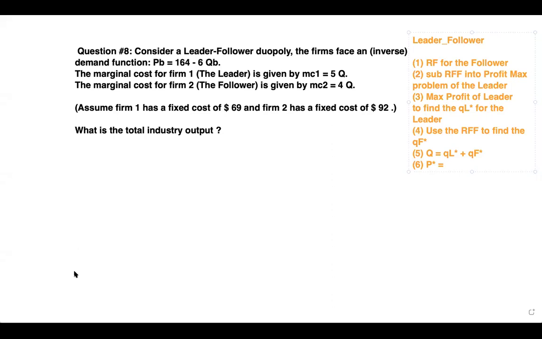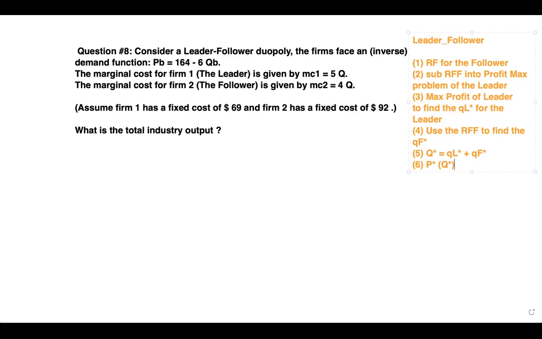I'm not sure. Well, okay. What have we always done to find P star in the past? Substitute. Substitute what? The Q. Yeah, you always put the quantity into the demand function, right? No big surprise.